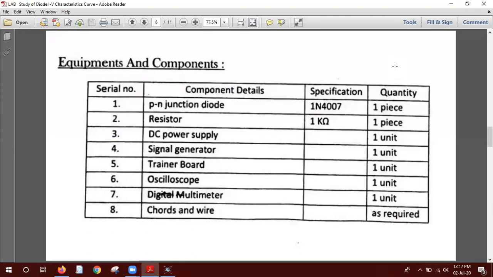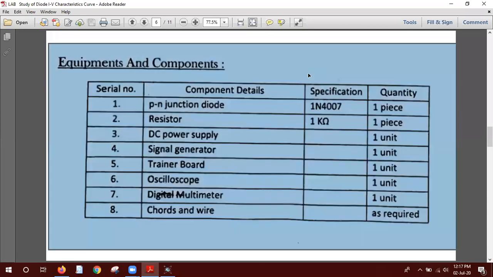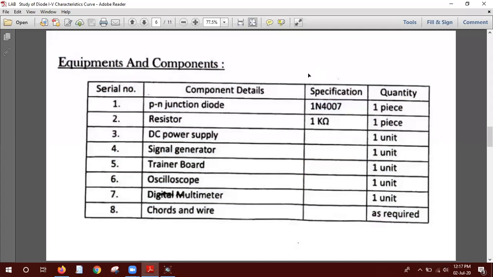This is the model number of the p-n junction diode, the most popular silicon diode, 1N4007. And we need a resistor, because when we apply more voltage, the diode may not withstand that. That's why in practice we need a resistor.